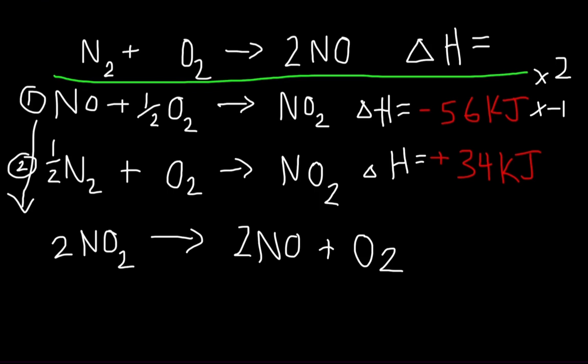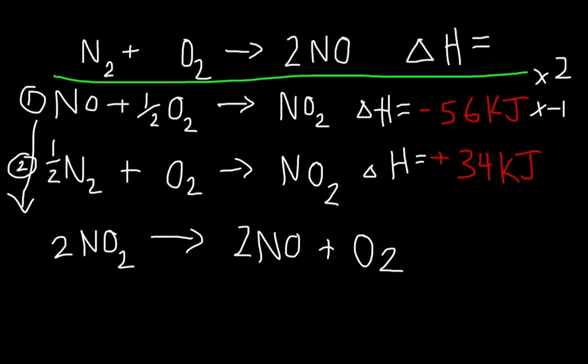Now for the second equation, we need to choose something that's unique. Notice that this is unique because it's not in equation 1. If we choose oxygen, there's going to be a problem because oxygen is also in reaction 1. So N2, nitrogen, is a better option.